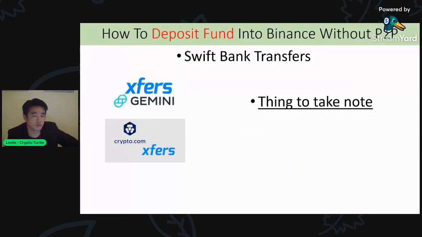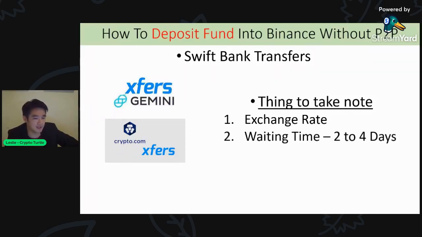Things to take note. Number one, of course, the exchange rate, because we are dealing in US dollars. If you see that the exchange rate has dropped, maybe it's a good time to fund your Binance account. Secondly, this method is pretty cost saving. The only thing is that the exchange rate may not be in your favor.